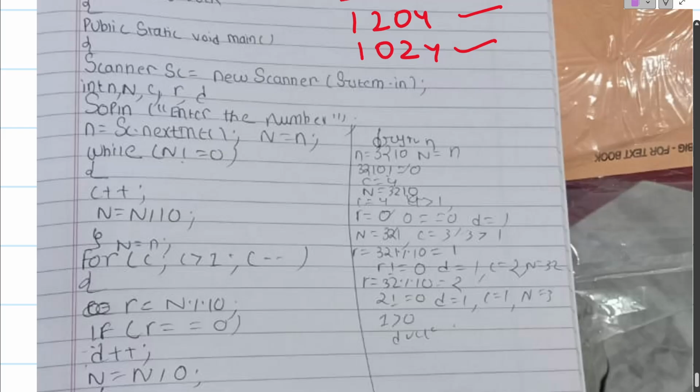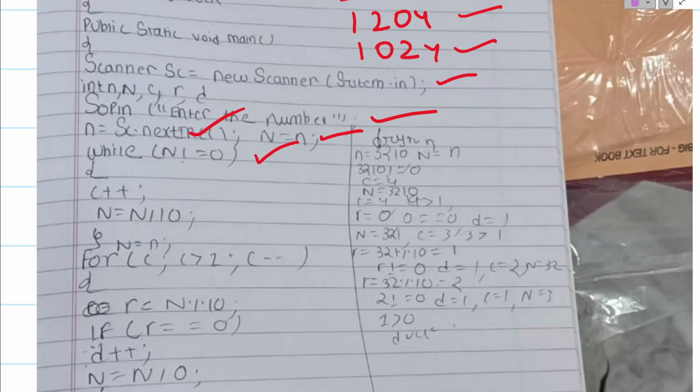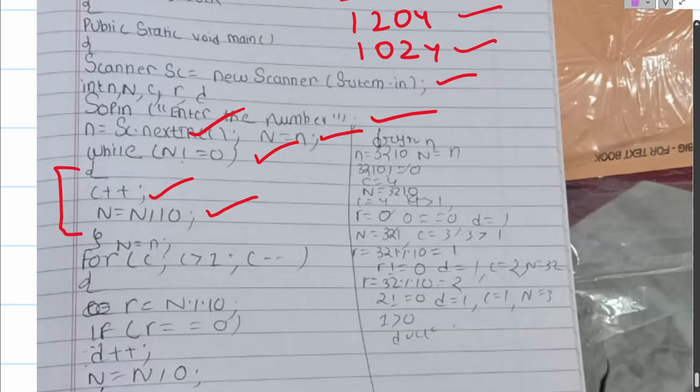The student has accepted a number. Originally it is stored. Number is not equal to 0, and in C++ it will be counting the number of digits. That is perfect, what the student has done. Now the number is stored again. I don't think so.